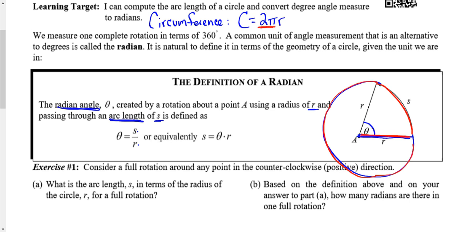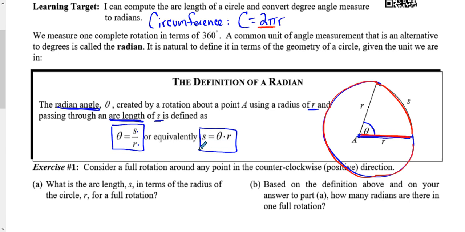But now, if we took this formula here, theta equals S over R, and we're going to be using these formulas to solve for things, and I wanted to solve it for S, I could just multiply both sides by R, couldn't I? And so what do I get for the arc length? S equals theta times the radius, right?